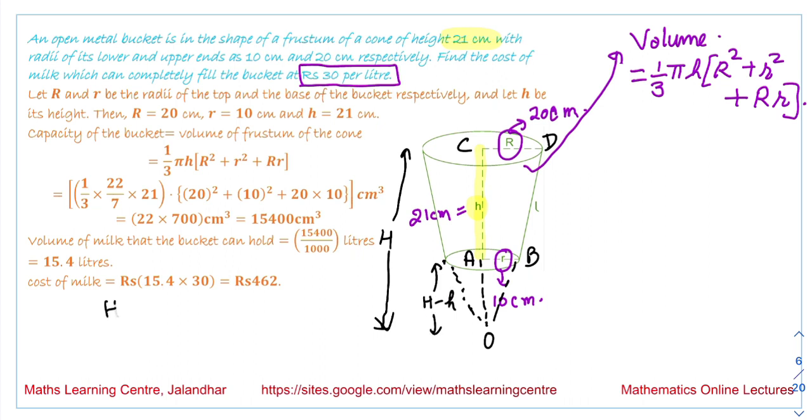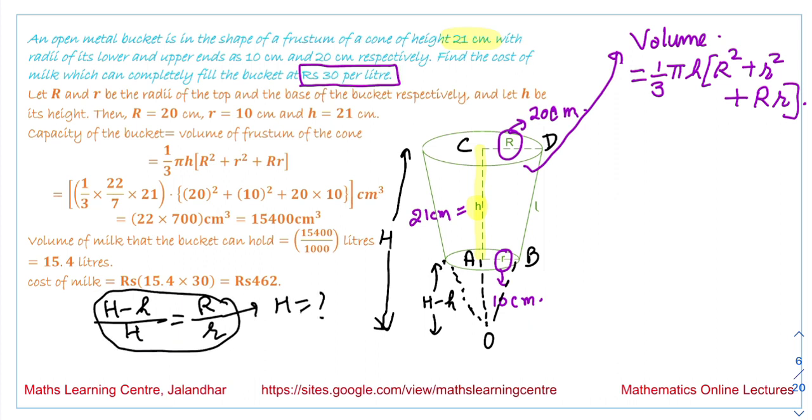So capital H minus small h over capital H is equal to capital R over small r. From this you can calculate the value of capital H. Put the values of small r, capital R and h, you will get the value of capital H.